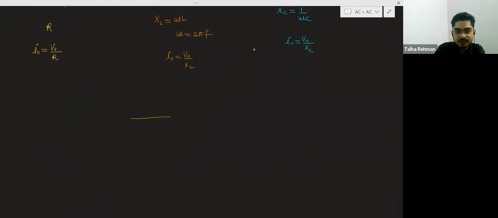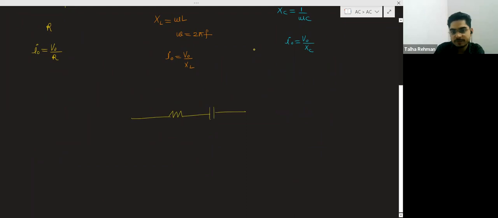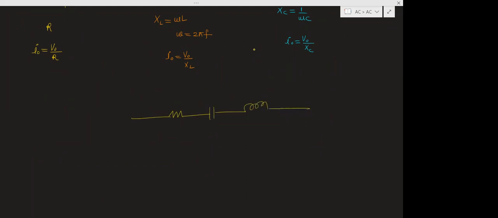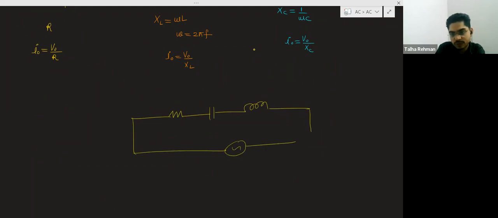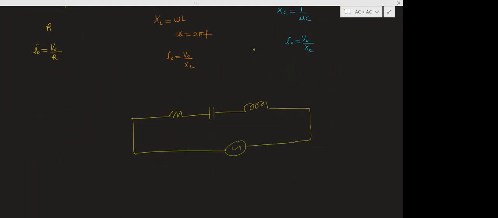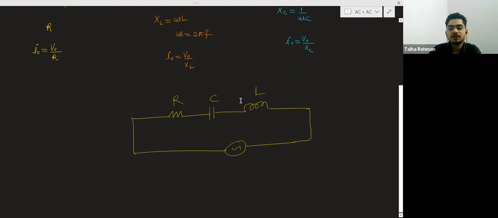The circuit will be like this. There will be one resistance, there will be one capacitance, there will be one inductor. These three will be connected with an alternating source. This is resistance, this is capacitor, this is inductor.